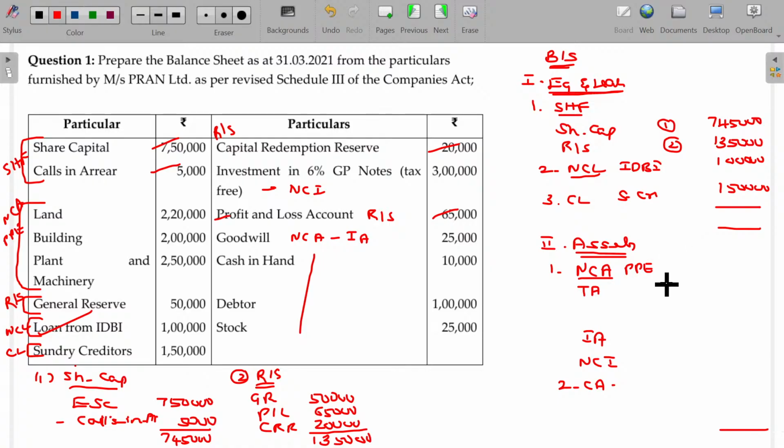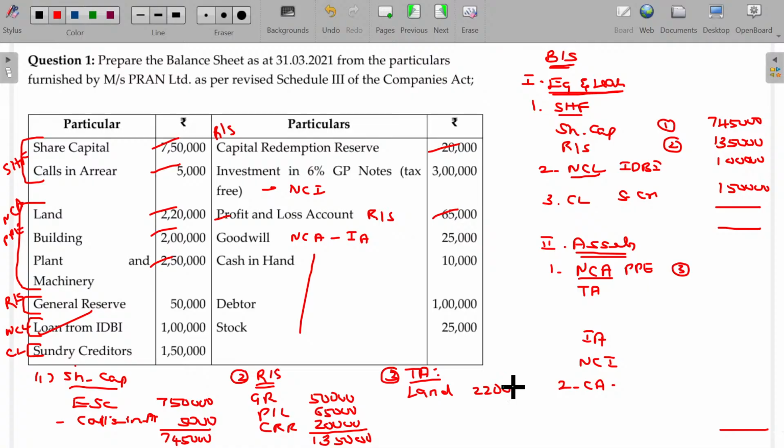Under property, plant, equipment, we have the tangible assets. So tangible assets, under that we have land, building, plant and machinery.